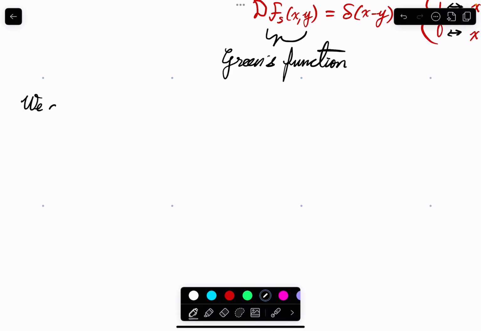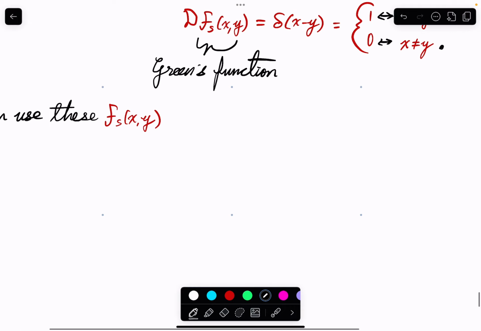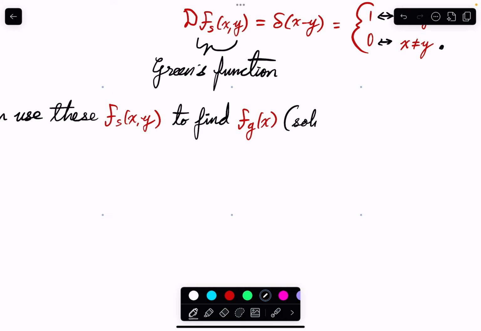We can use these special solutions, f of s, x, y, to find the general solution, f of g, which is the solution to the inhomogeneous equation.